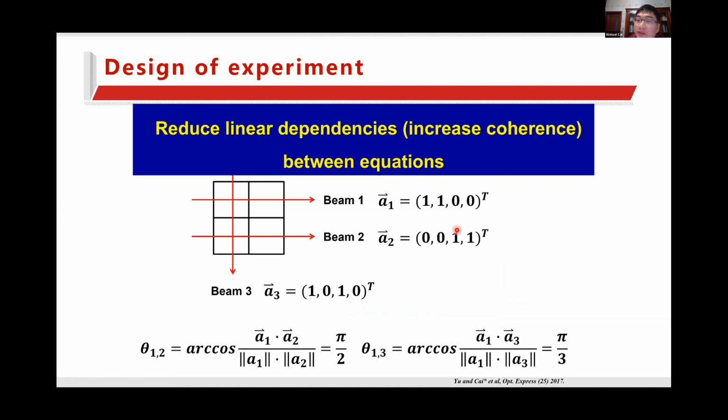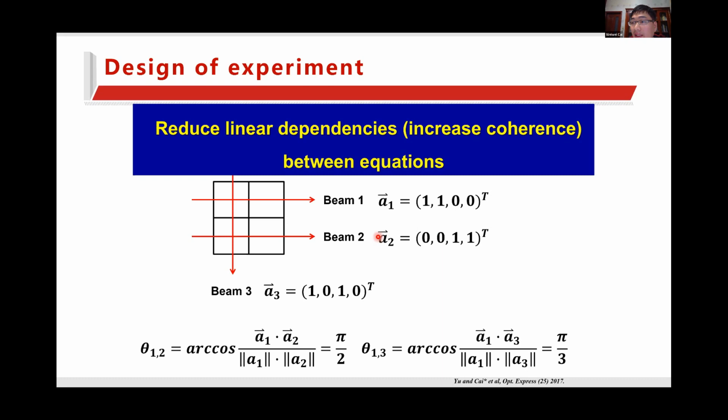Because we are solving a linear equation system, the correlation between the equations is very important. How to reduce the correlation between these equations is a big problem. So how do we do that?